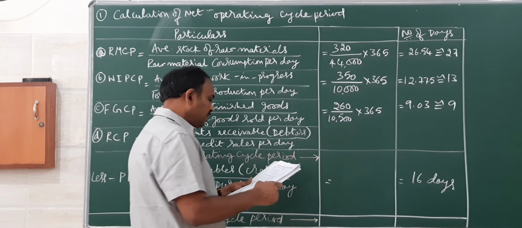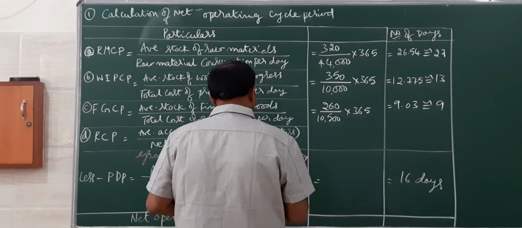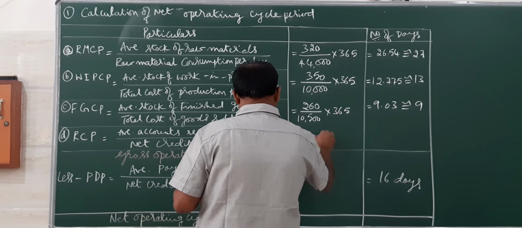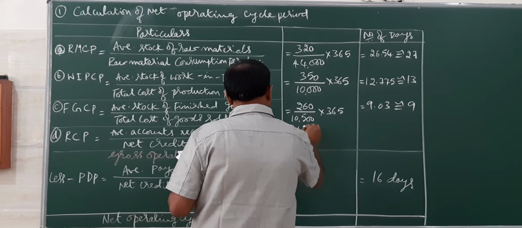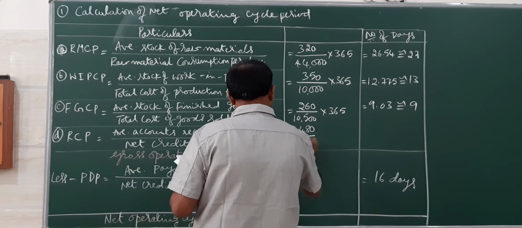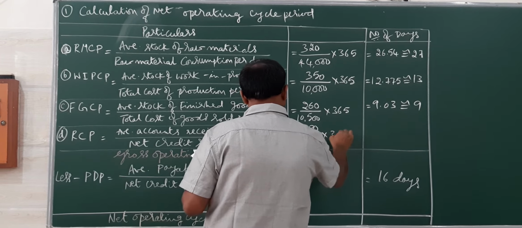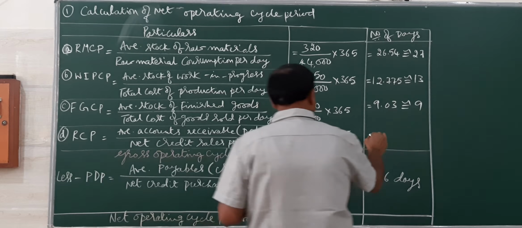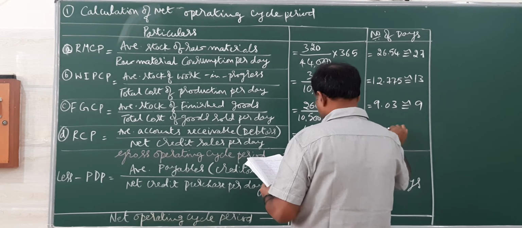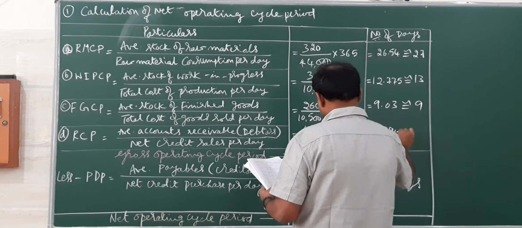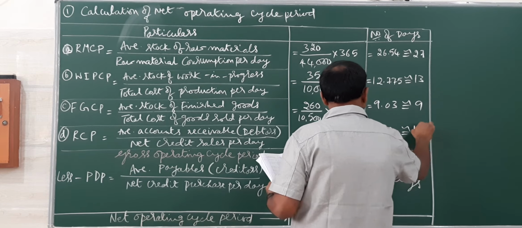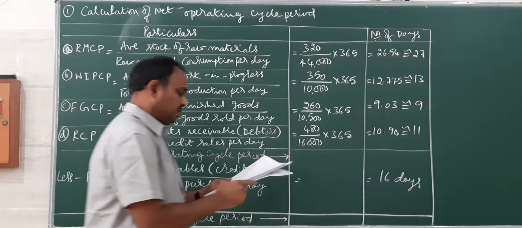We have the information available here also. Substituting 480 divided by 16,000 into 365, you get approximately 10.90 days, which becomes 11 days.